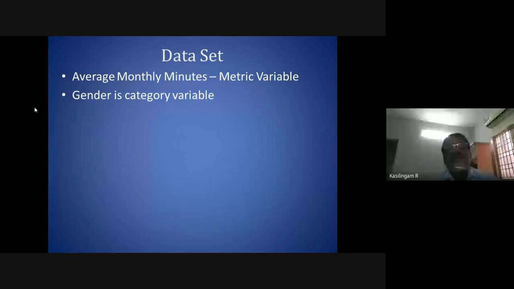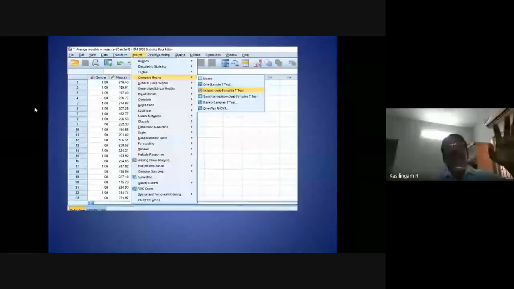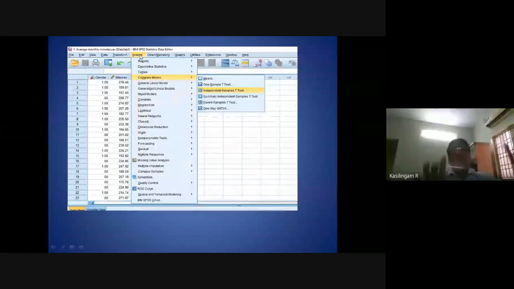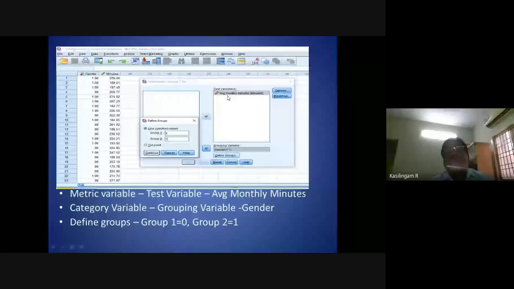Now it is visible: Analyze, Compare Means, Independent Samples t-test. Then I put average monthly minutes in the test variable and gender in the grouping variable. In Define Groups, I put 0 and 1. Continue. I have written this because if you make a mistake here, then everything collapses.